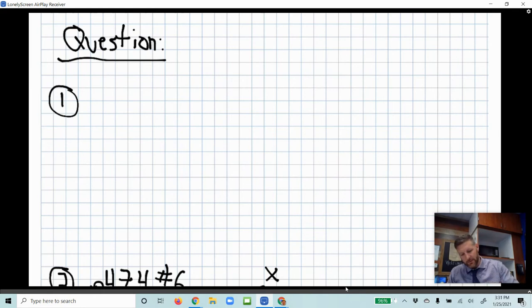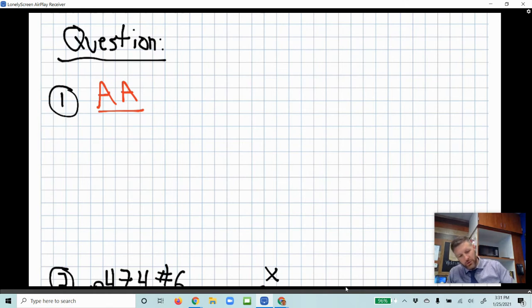Let's break those down. The first one, and this is going to harken back to triangle congruency, as you'll see. The first way is called AA, standing for angle, angle.